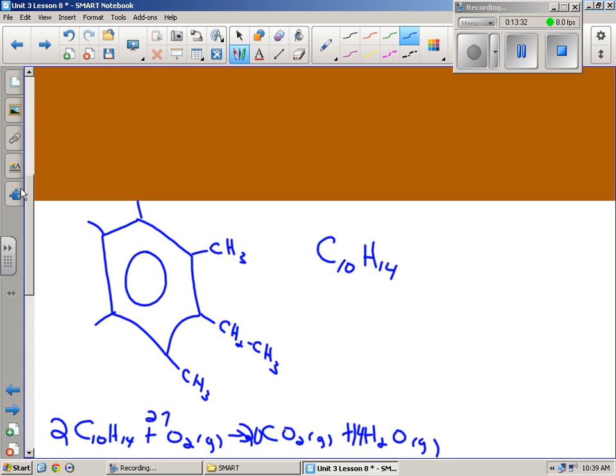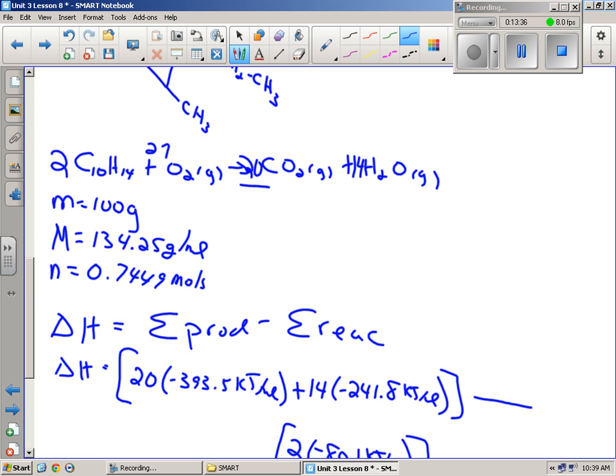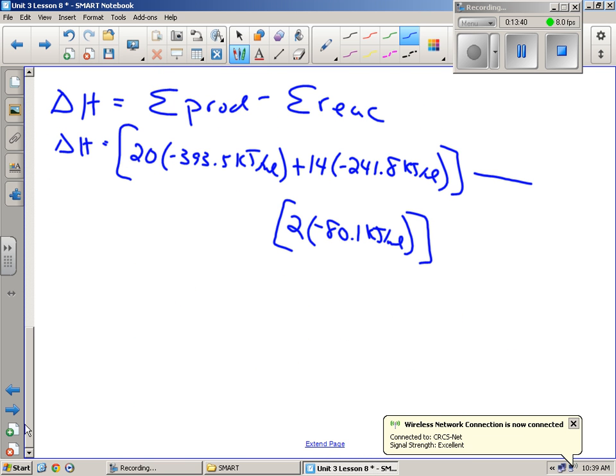Because I have to multiply by the number of moles, that's the balanced chemical equation, right? 20 and 14. That's how many moles of those products I'm making. So 20 moles of carbon dioxide, 14 moles of water, and that's why I multiplied by that. I get here delta H is a negative 11,095 kilojoules, correct?